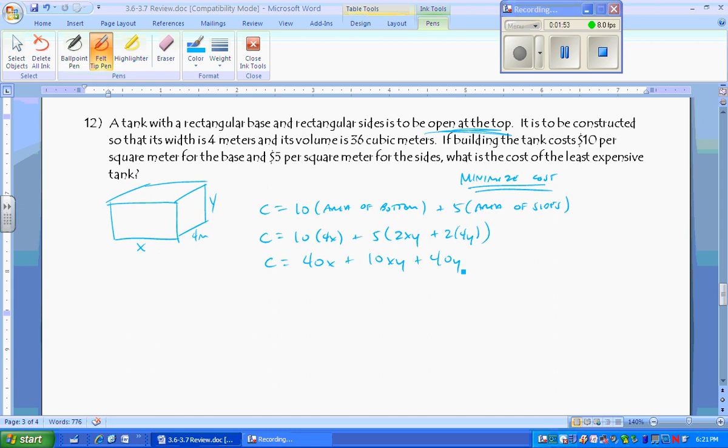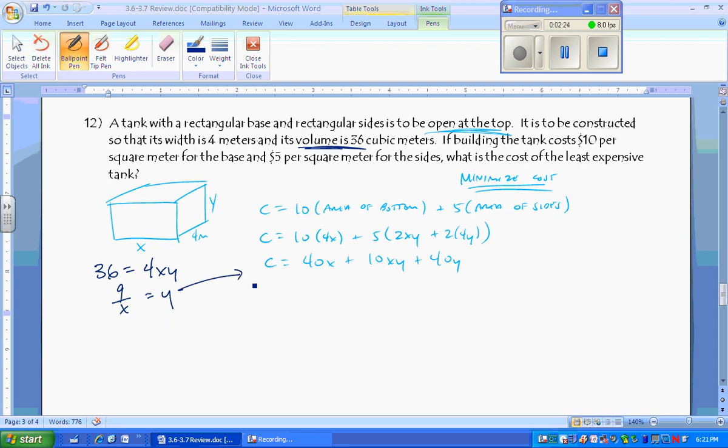So for this one, we have x's and y's, and we can't have two variables. We need to rewrite it so it's just in terms of one variable. We're told the volume is 36 cubic meters, so 36 has to equal length times width times height, or 4xy. So we solve for y here, divide both sides by 4x, and we get 36 divided by 4x is 9 over x.